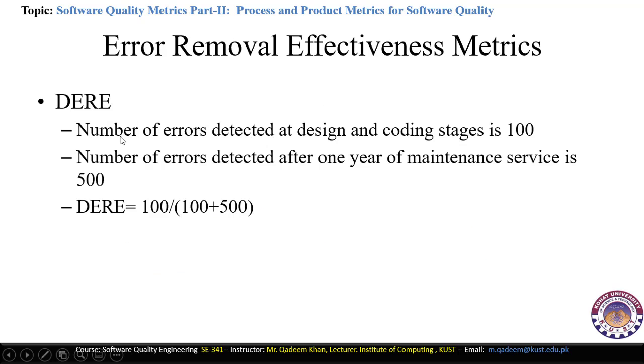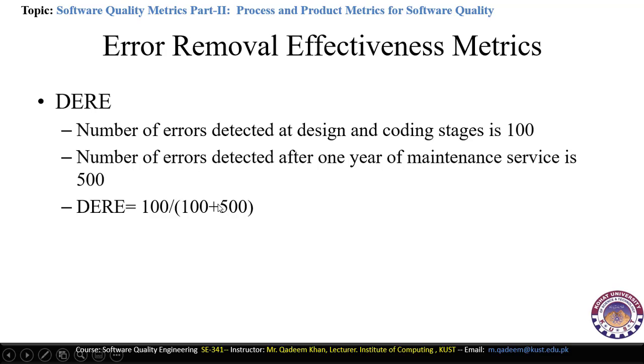Now, for example, the DERE metric can be computed from the number of errors detected in the design and coding stage. If this is 100 and the number of errors detected after 1 year of maintenance service is 500, then DERE is equal to 100 divided by 100 plus 500. That is 100 divided by 600, which is equal to 1 over 6.